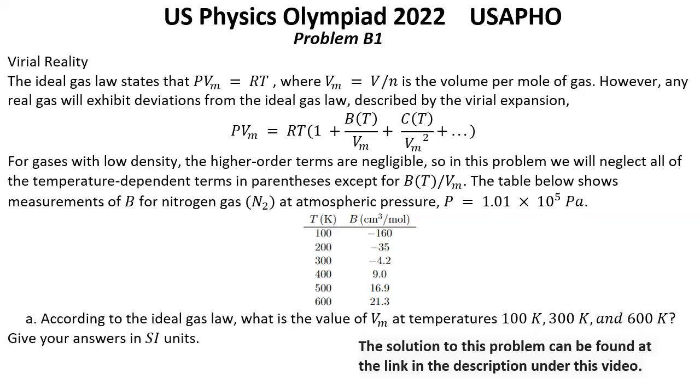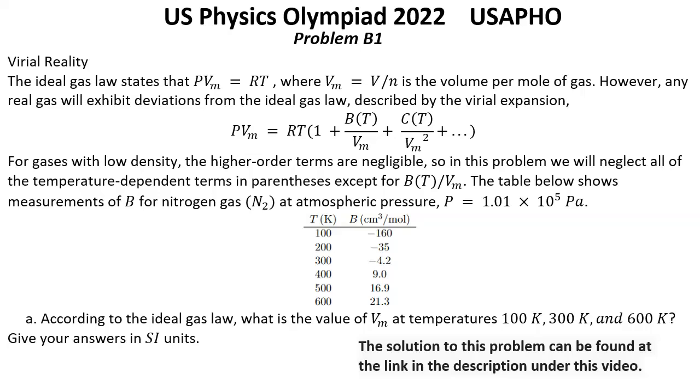US Physics Olympiad, year 2022, USAPhO, final round. Problem B1. Virial reality. The ideal gas law states that P V_m equal RT, where V_m equal V over n is the volume per mole of gas.